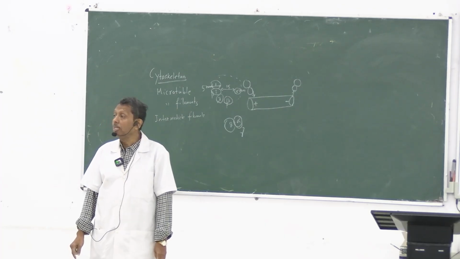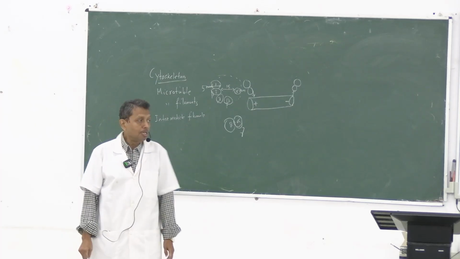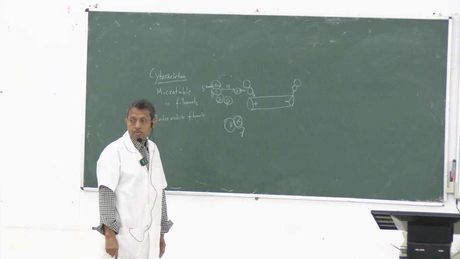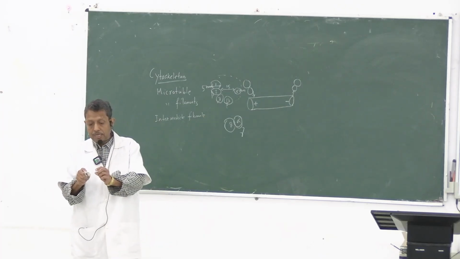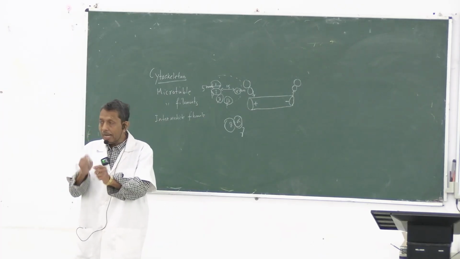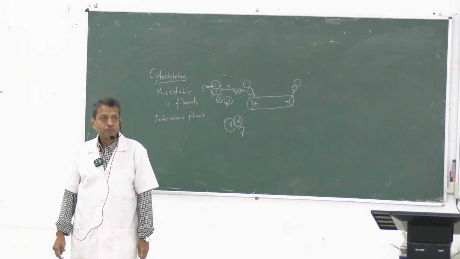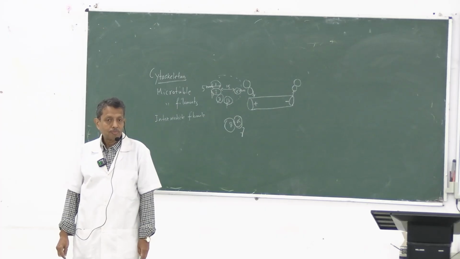Spindle formation is there, the mitotic spindle, and the mitotic spindle is formed by these microtubules. So they provide the tracts by means of which chromosomes can be separated.